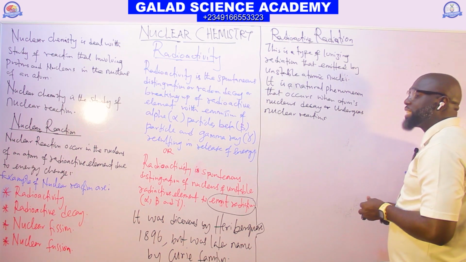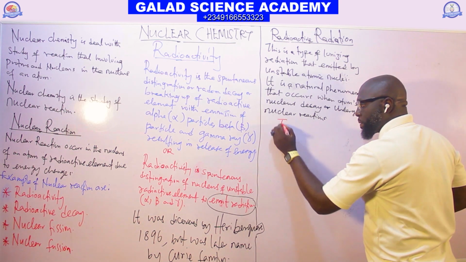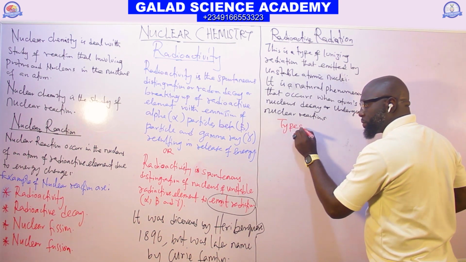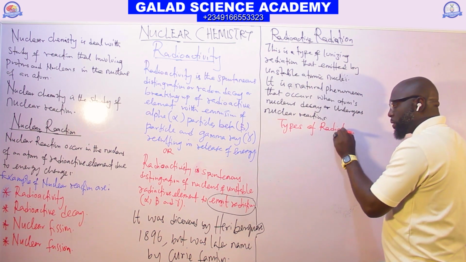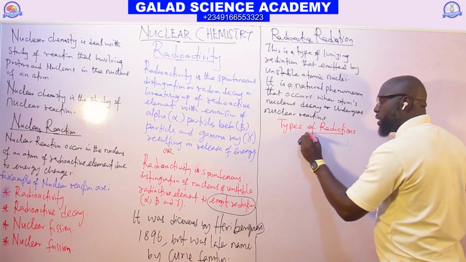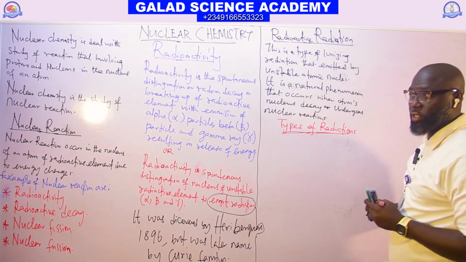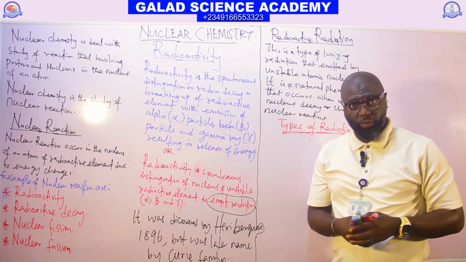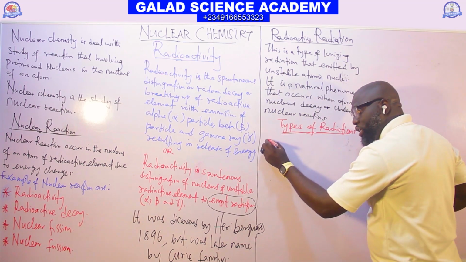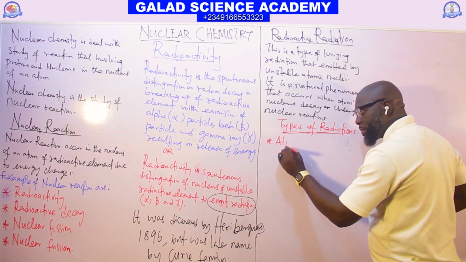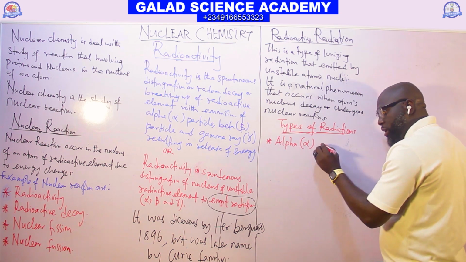And what are the types of radiation we have? The radiation is also called radioactive radiation. There are three basic types. The first one is alpha radiation.